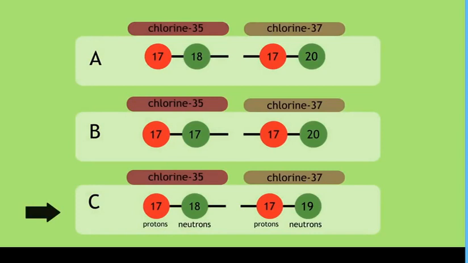Remember that the number of protons doesn't change. So it should help you when choosing. I'm sure it's a simple question. Just pick A, B, or C. Which one do you think it is?